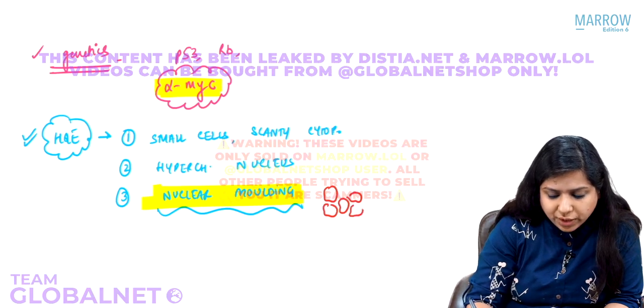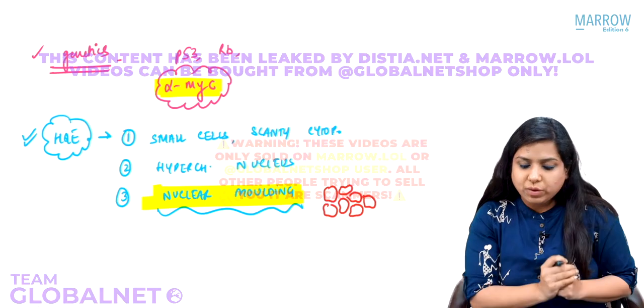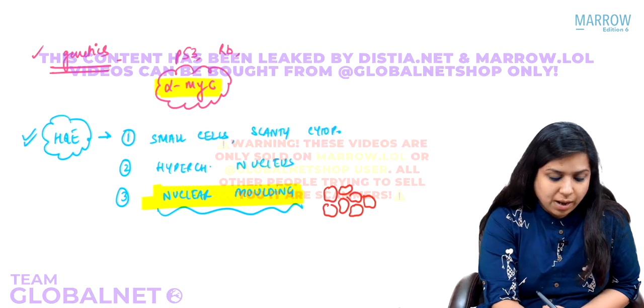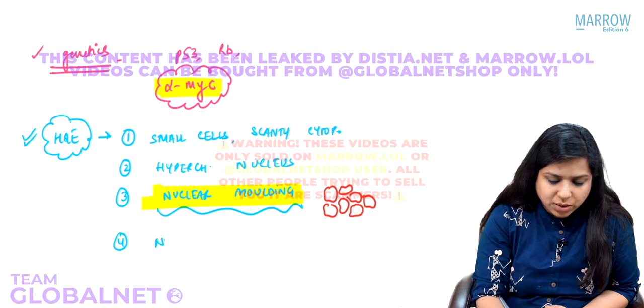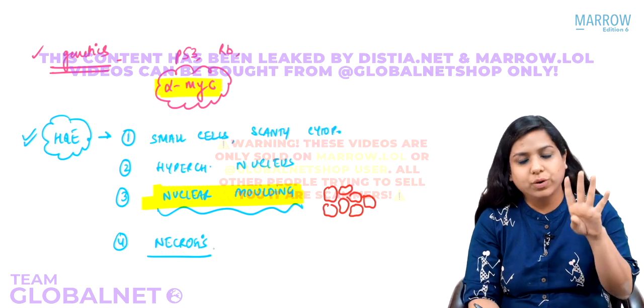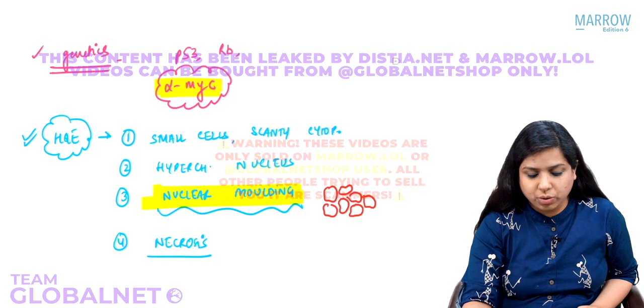They will fit into each other. They will mold into each other like a jigsaw puzzle, right? That is called nuclear molding. And another thing which I see on the slide is necrosis. Correct? 4 important points. Let us see an image so that it's very, very clear to all of you.